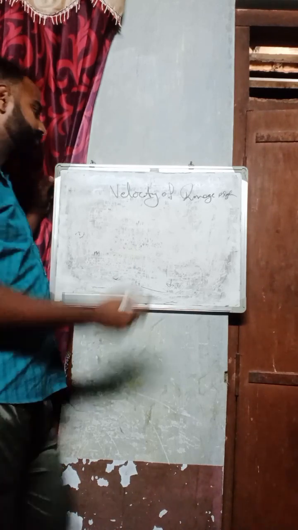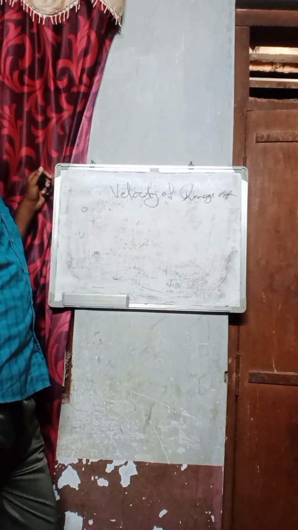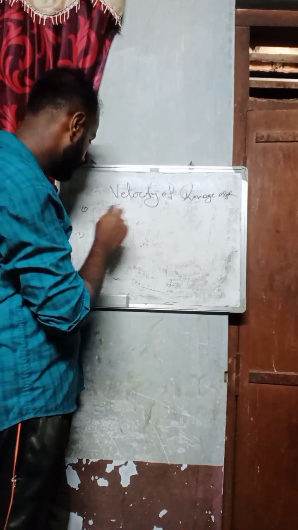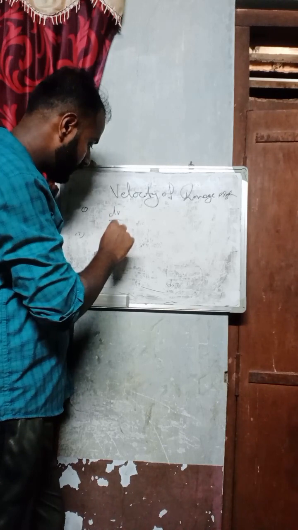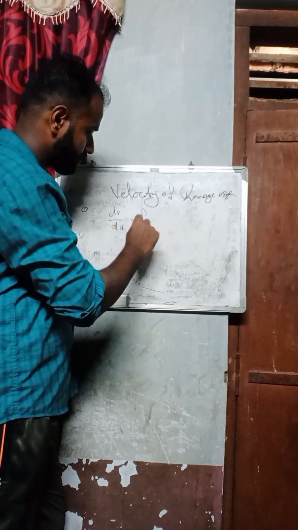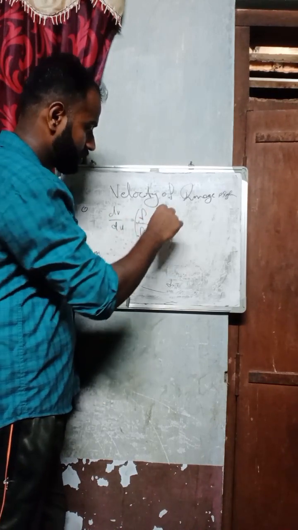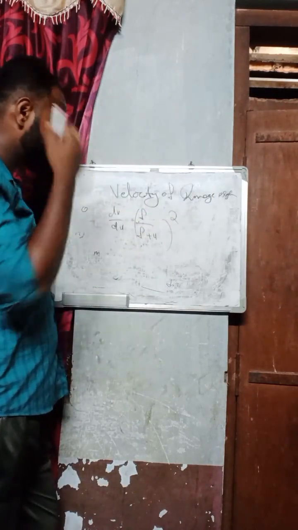We have the longitudinal equation, that is dV by dU is F by F plus U the whole square. This is the longitudinal direction, x direction.